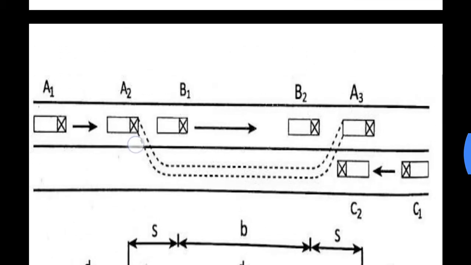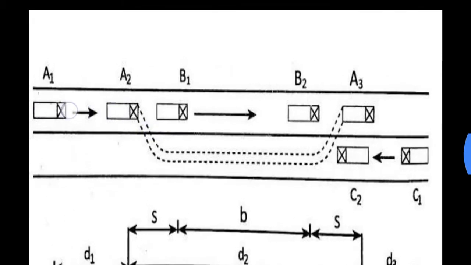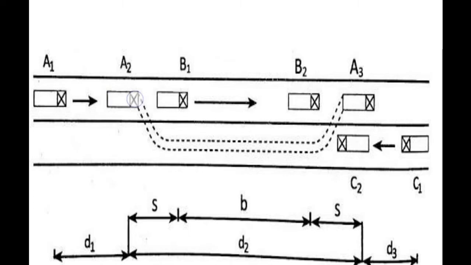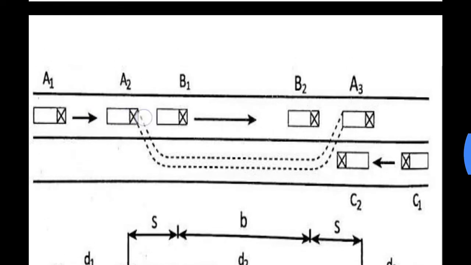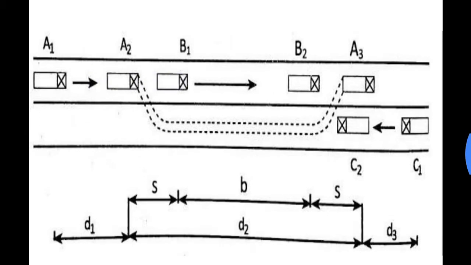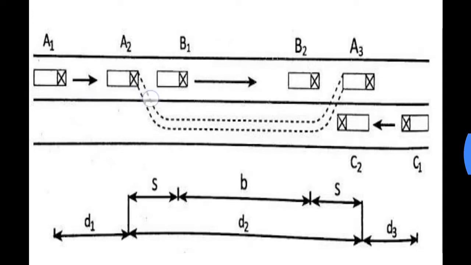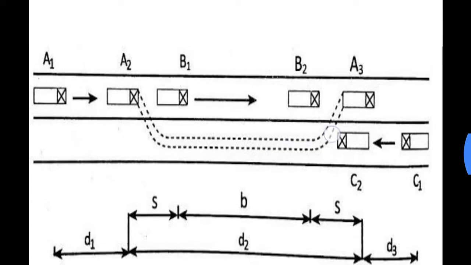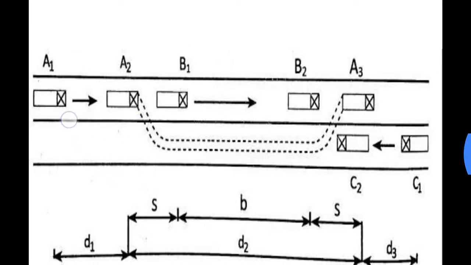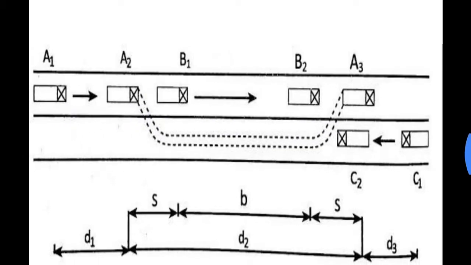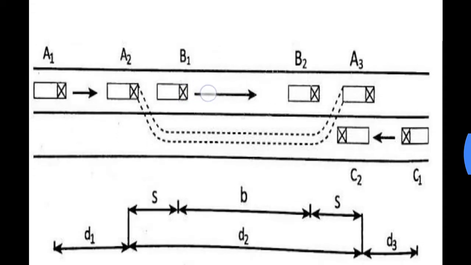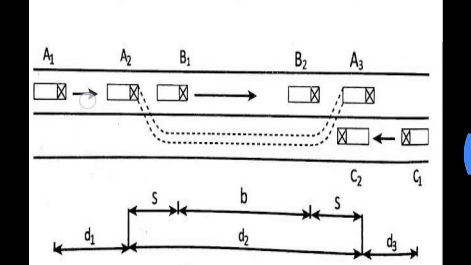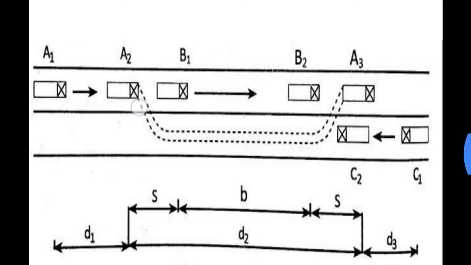When vehicle A approaches vehicle B, it travels at the speed of vehicle B for some distance while the driver is trying to find an opportunity to overtake. It will travel for some distance at the same speed as that of B, for a time of reaction time small t.